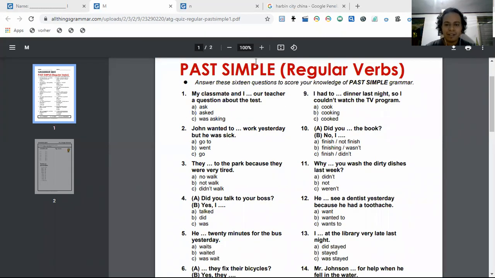Let's jump in again. Number two, Arya. Be careful on number two. Number two could be tricky. John want to work yesterday, but he was sick.